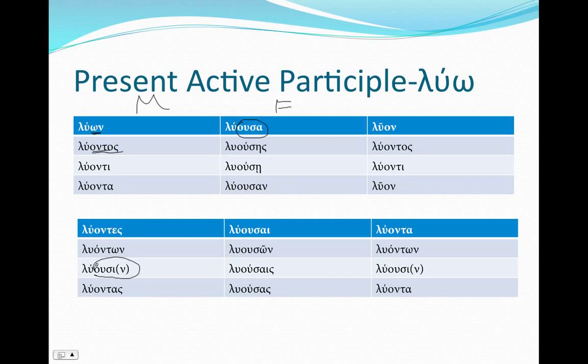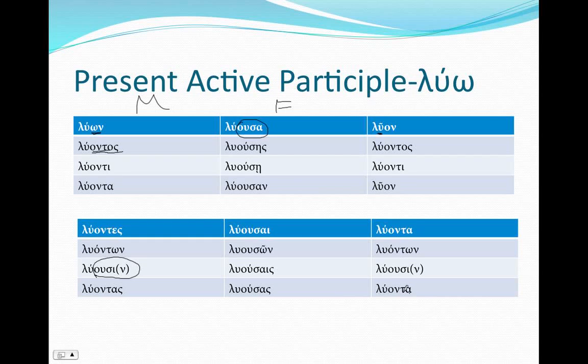Be careful with this one because it looks like the third plural active indicative, but it's also there in the participle form. And lyontas. And in the neuter, lyon, and this accent here is because this is a long upsilon and a short omicron. Lyon, lyontos, lyonti, lyon, lyonta, lyontōn, lyousin, lyonta.